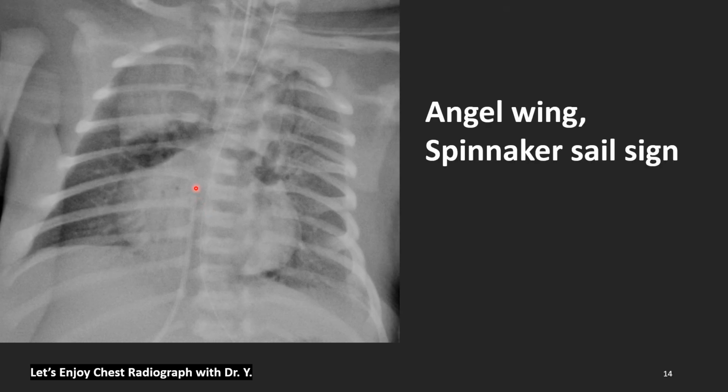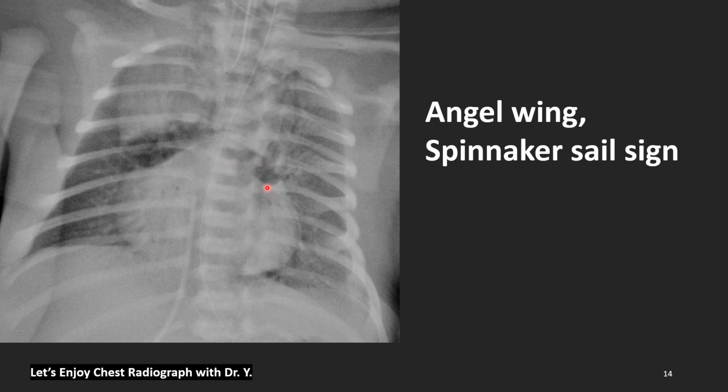Have you ever seen this kind of wonderful image before? This is a very small baby, even a premature baby, with RDS, respiratory distress syndrome. What does it look like? This is air between the thymus and heart.